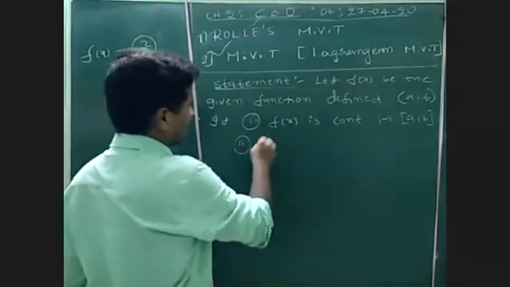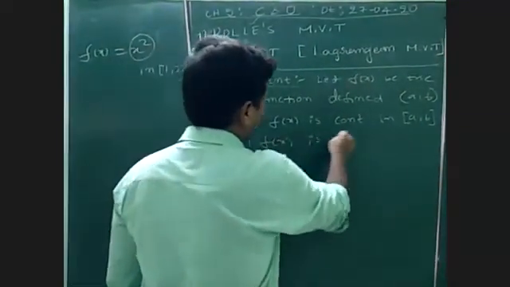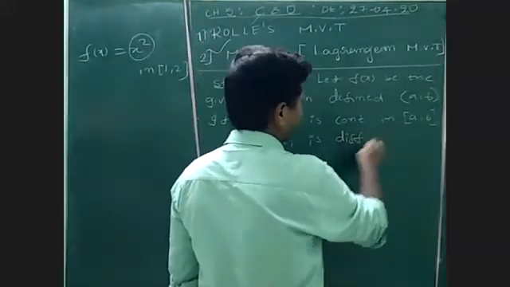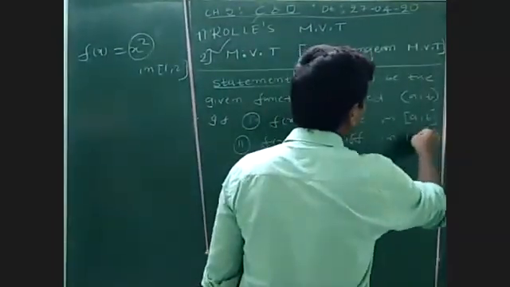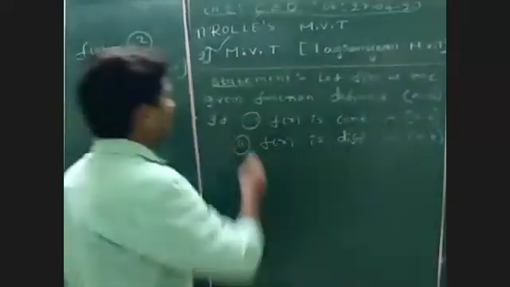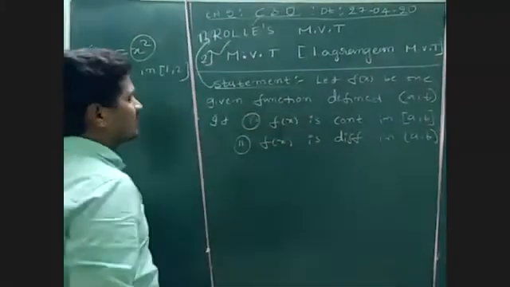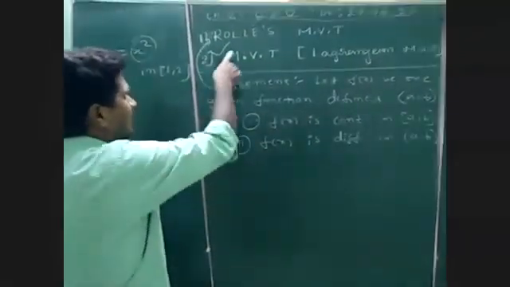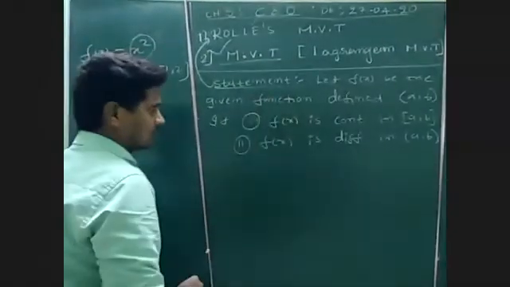Second point, f of x is differentiable in the open interval a comma b. I am writing the statement of Rolle's mean value theorem first. Next, I will write the statement of the mean value theorem.